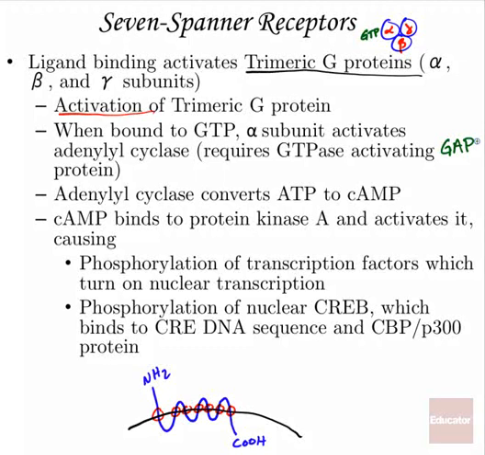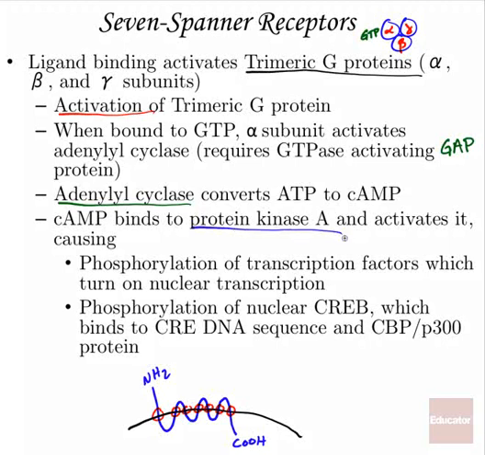Okay. So adenylyl cyclase normally converts ATP to cyclic AMP, and we talked about this in a previous lesson. Now, the cAMP, we've also talked about this, will bind to protein kinase A to activate it.